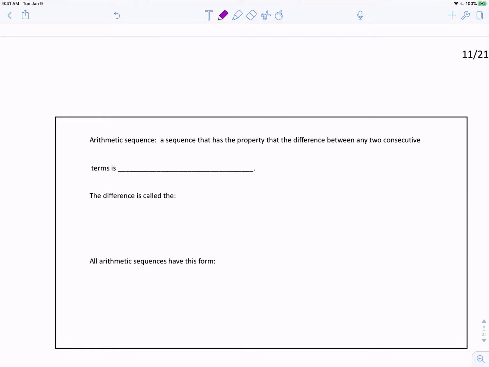Why? An arithmetic sequence has a property that the difference between any two consecutive terms is always constant. And the difference is called, appropriately enough, the common difference. And we usually use the variable d to represent the common difference.